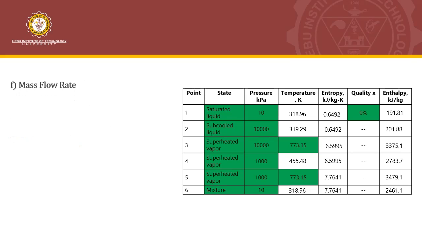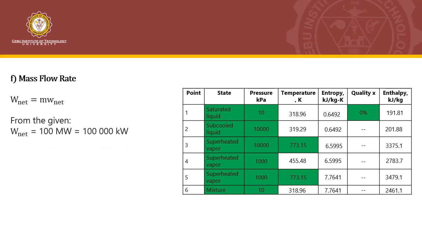Then we will proceed to the mass flow rate. The mass flow rate can be obtained from the relationship between the power output of the power plant and the net work of the power plant. We know from the given that the power output of this power plant is 100 megawatts, which is equivalent to 100,000 kilowatts.